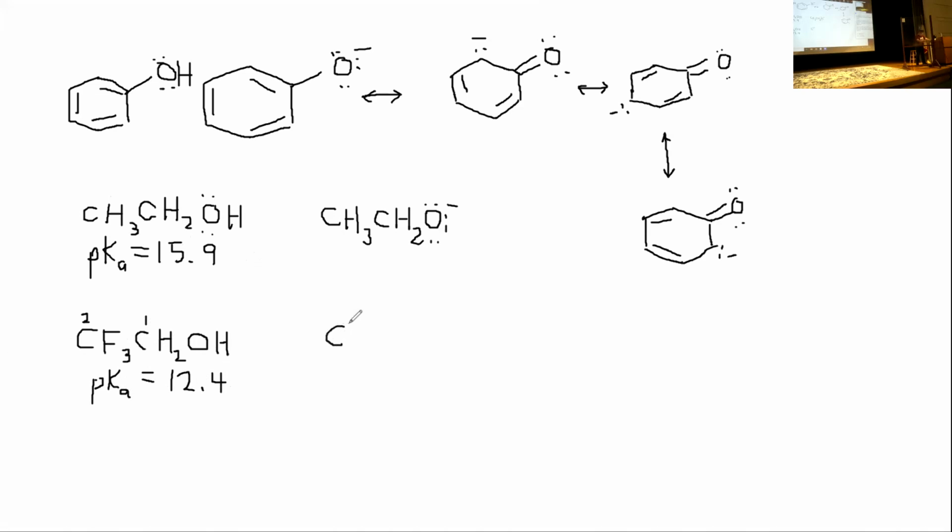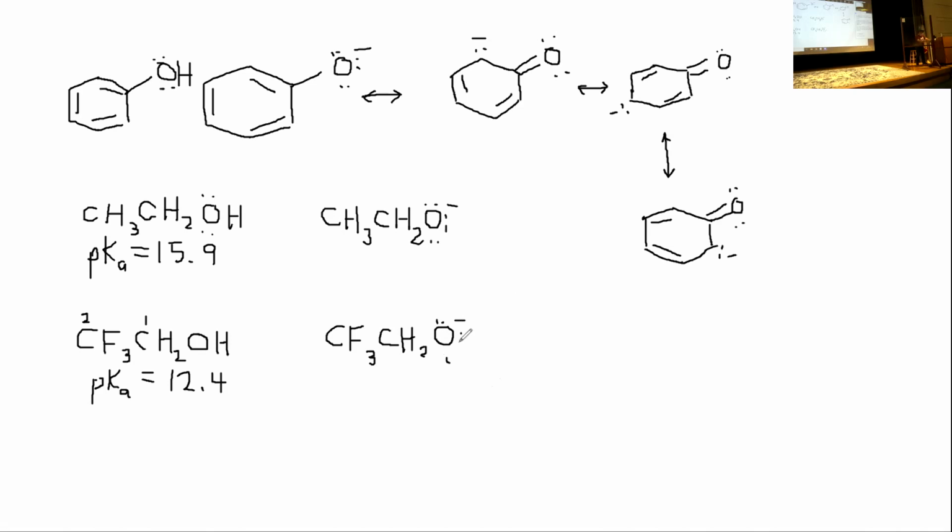And so if you take a look at the conjugate base of this species, it looks at first blush just like the conjugate base of regular ethanol without the fluorines, but there's more than meets the eye going on here.